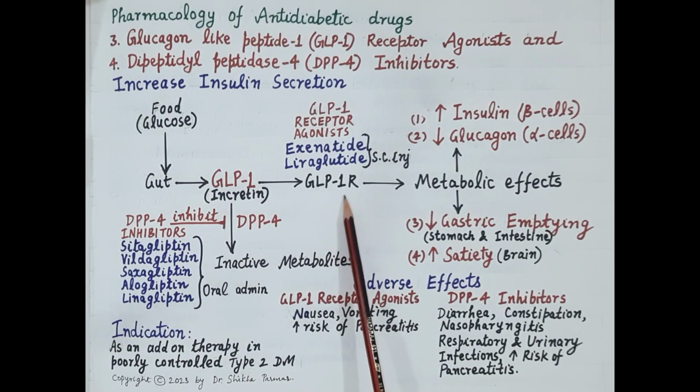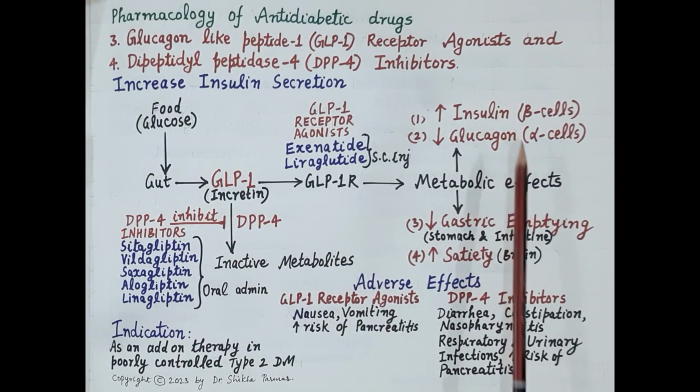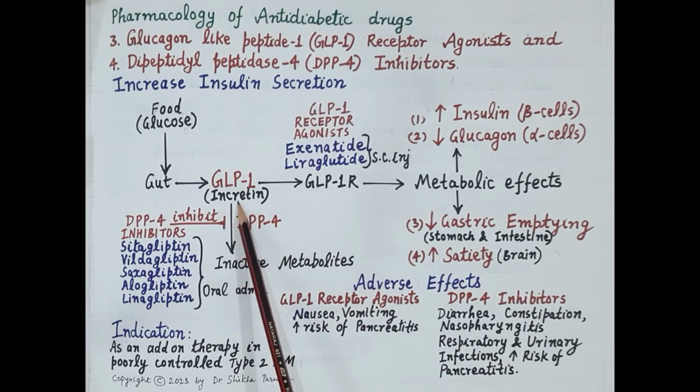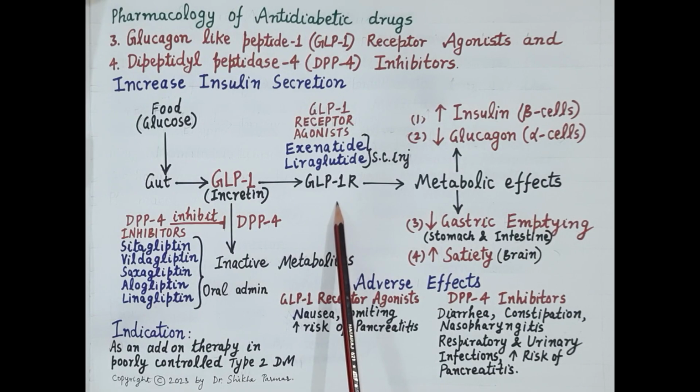Now, let's understand the actions of GLP-1 receptor agonists and DPP-4 inhibitors. So, GLP-1 binds to GLP-1 receptors on the pancreas and increases secretion of insulin from pancreatic beta cells, thereby increasing transportation of glucose from the blood to the body cells, which reduces concentration of glucose in the blood.